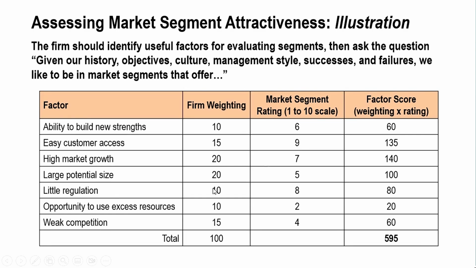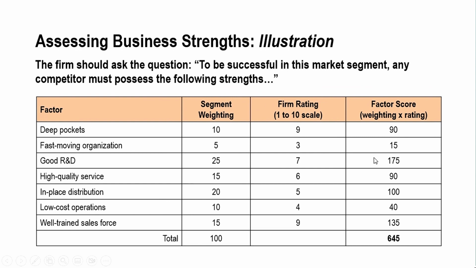We have identified this segment as a priority segment, and then we are saying that to be successful in that segment, a company must have deep pockets, must be nimble, agile and fast moving, must have good R&D, high quality service and distribution strength for that particular segment, low cost of operation, and a well trained sales force.